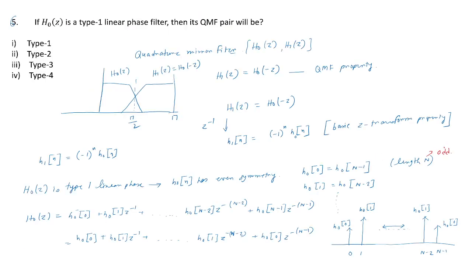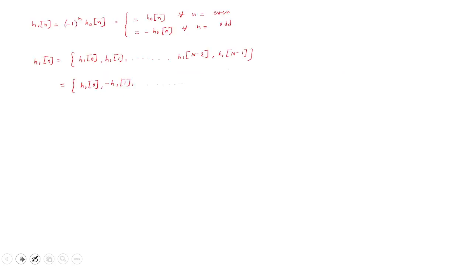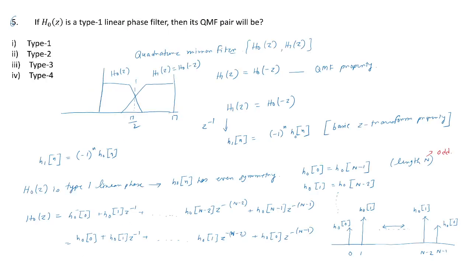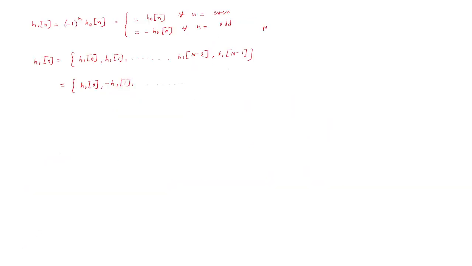Length N is odd, therefore index N-1 is even, therefore its sign doesn't change, it is just h0(0) here.